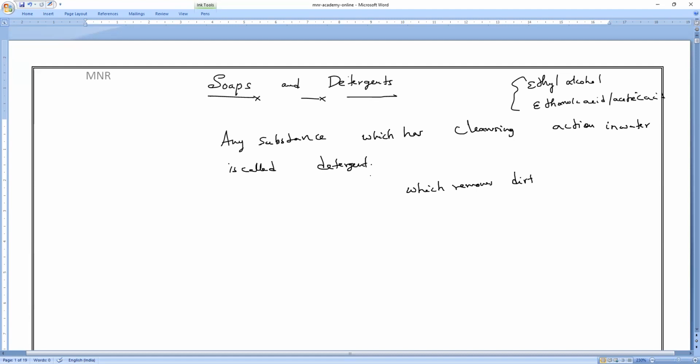That is the reason any surface, body surface or hand surface or cloth surface, the cleansing agents, whether you are using Dettol or Lysol or whatever chemicals, which help us to clean the surfaces, that is what we call surfactants.